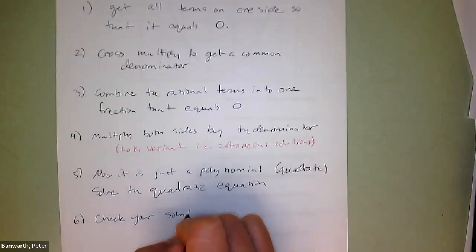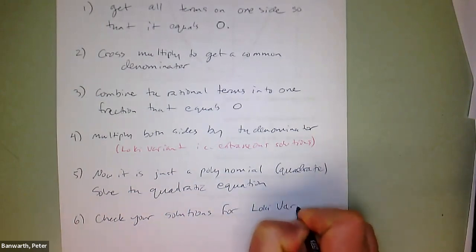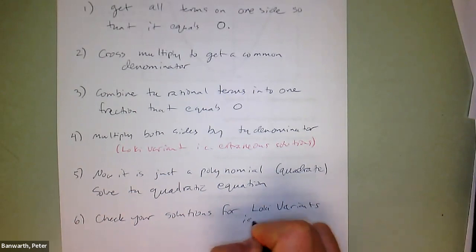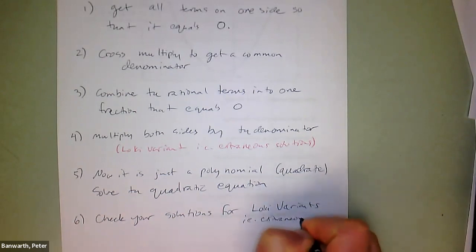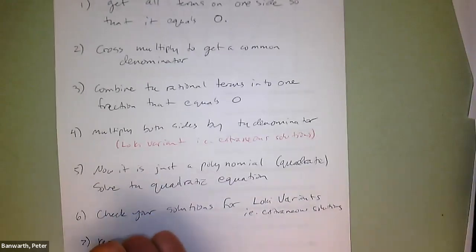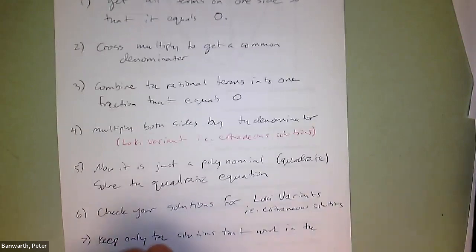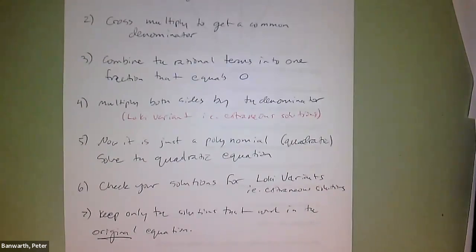Step 6, check your solutions for Loki variants, i.e. extraneous solutions. Step 7, keep only the solutions that work in the original equation. Always go back to the very original equation, back to your sacred timeline.